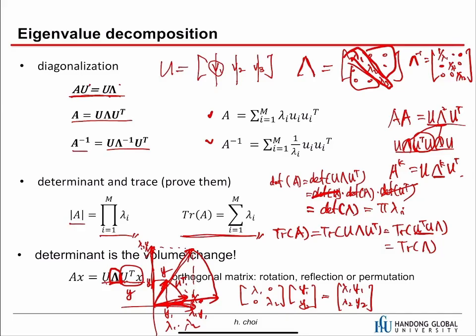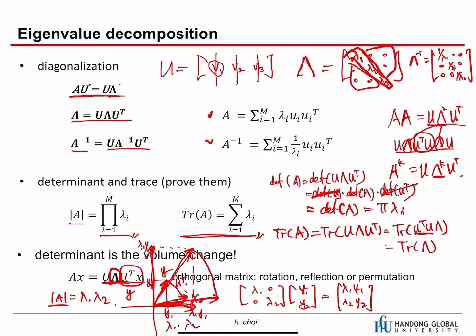So the determinant of A is the determinant of the lambda matrix, which is the multiplication of lambda 1 and lambda 2 in the two-dimensional space example. I just wanted to show you that lambda 1 times lambda 2 is the change of area in two-dimensional space, which is actually the determinant of A.